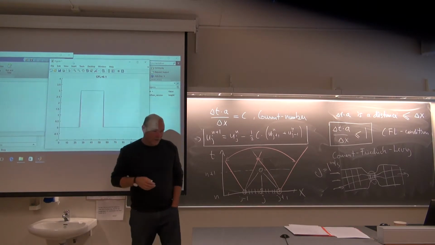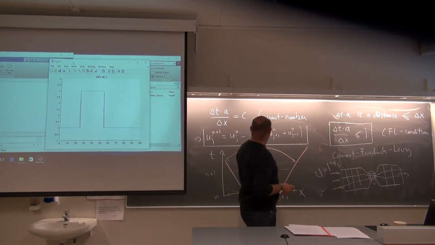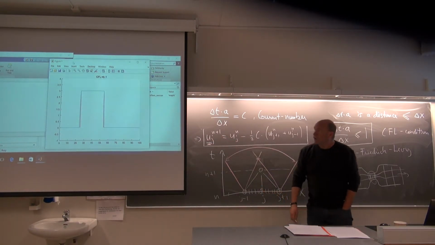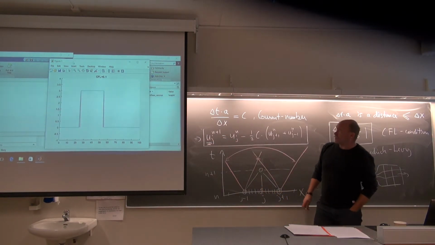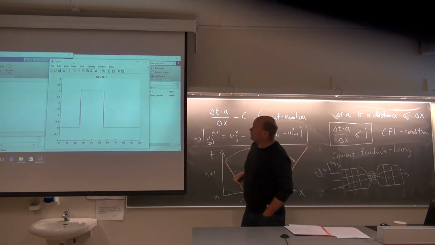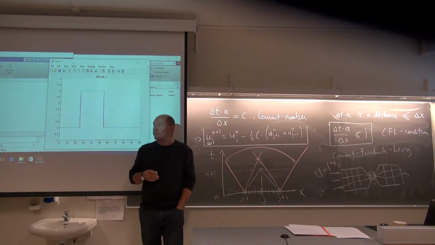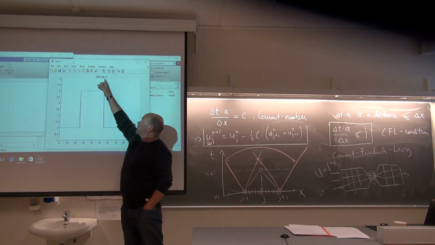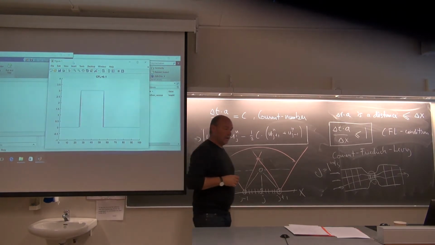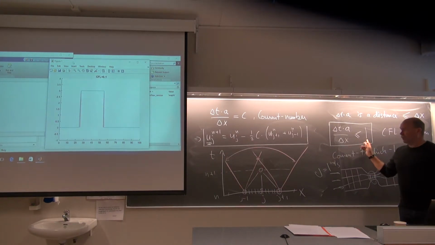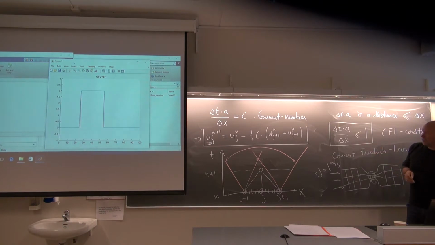So the blue one, that is my unknowns U. And then I have a constant velocity. And I have now chosen a time step so small that the CFL condition now should be 0.1, which is well below the criteria here. So this should be very safe indeed.